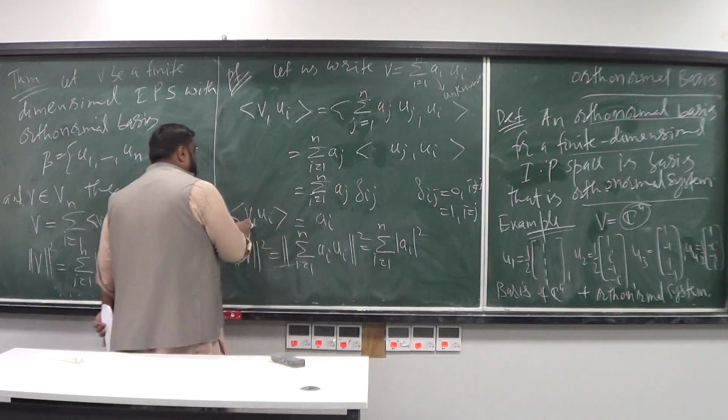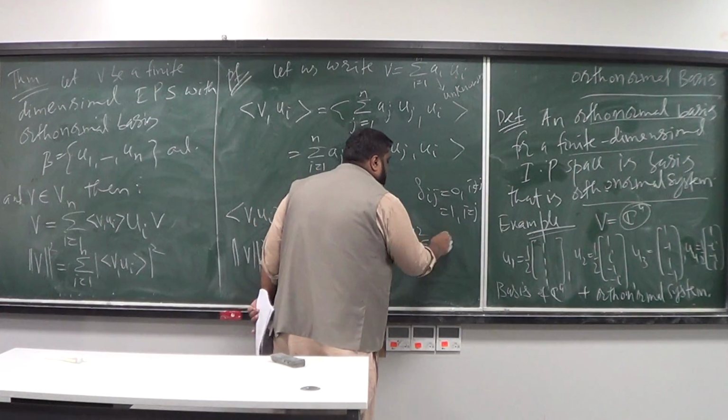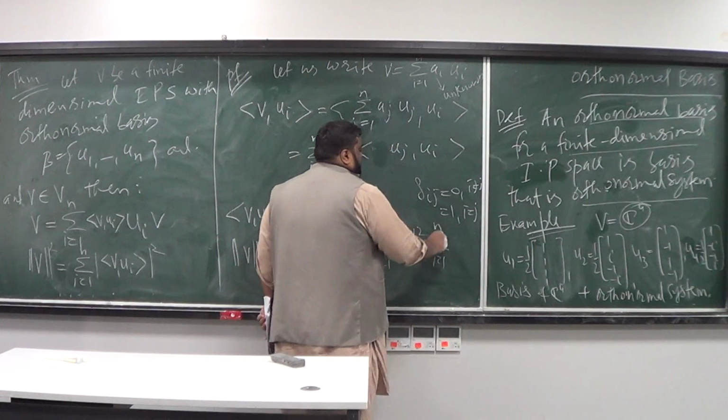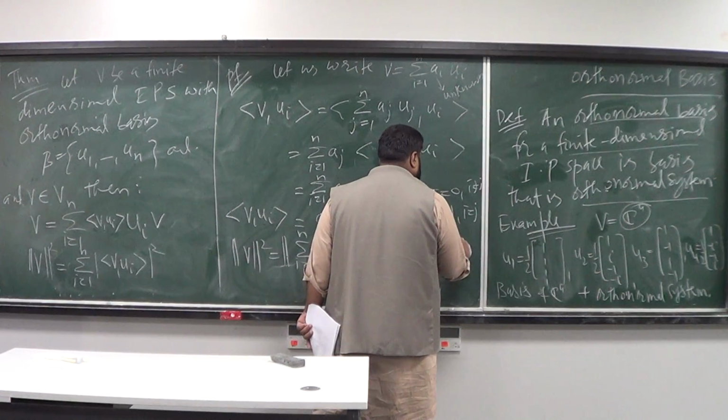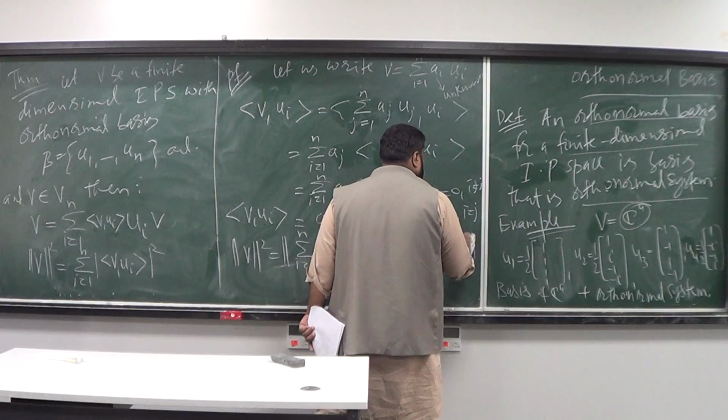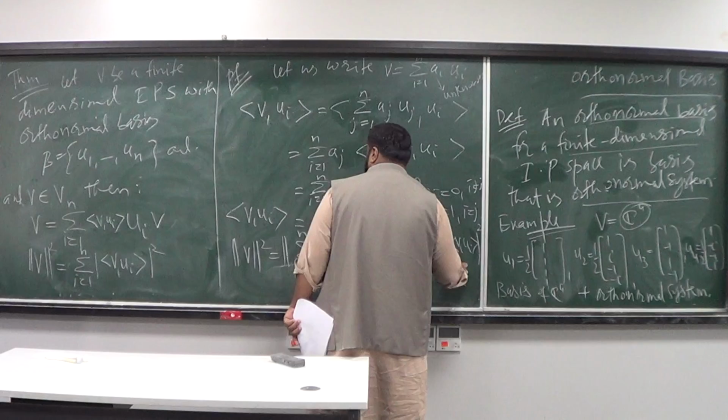But we proved that a_i is the inner product of v with u_i, so this would be equal to the sum from i equals 1 to n of the magnitude of the inner product of v and u_i, squared. So this completes the proof.